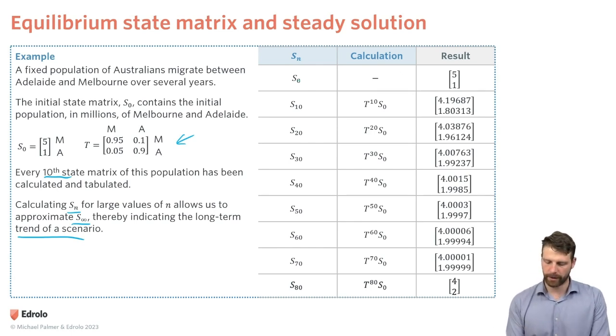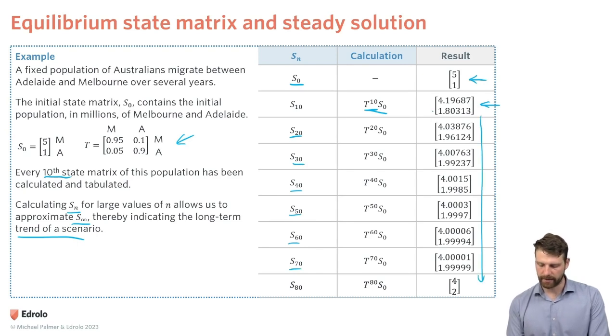Okay, so what I did, I had S0, and that was 5, 1. And then I put in the transition matrix to the power of 10 times S0, and I got out this one here. And then I did S20, S30, S40, S50, S60, and S70. And you can see that this top number is approaching 4.